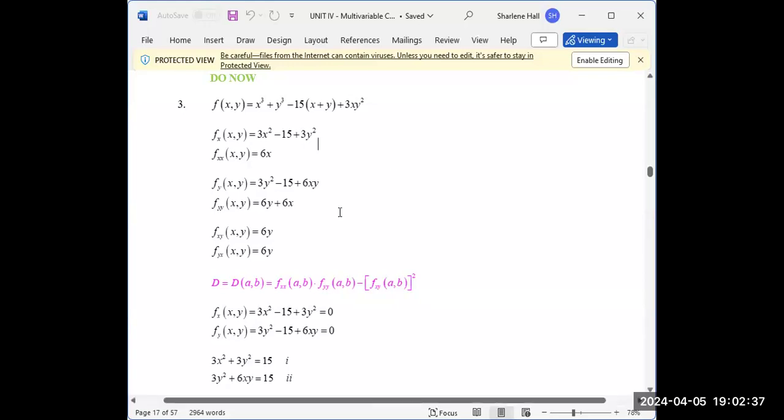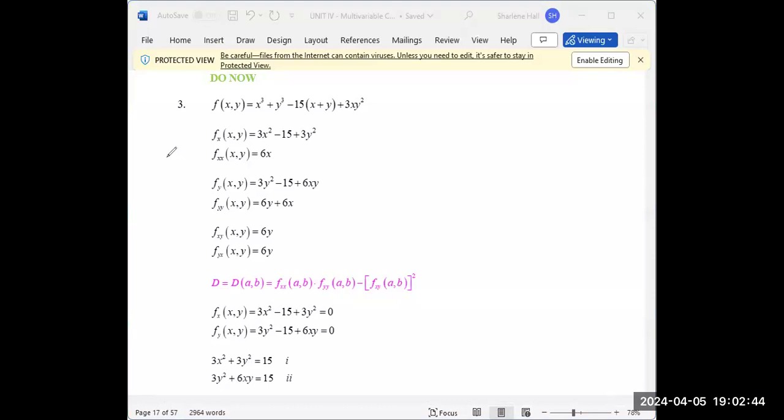You would have gotten these 2 equations for the first partial of x, first partial of y.